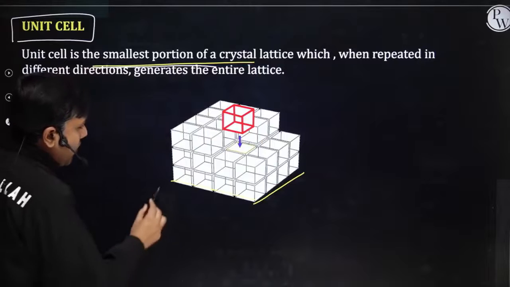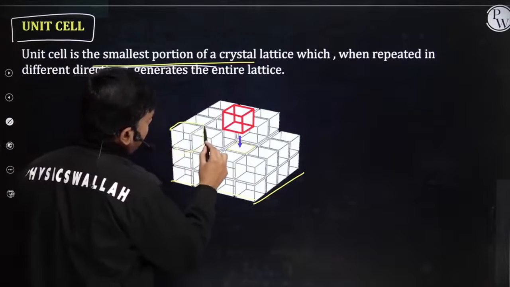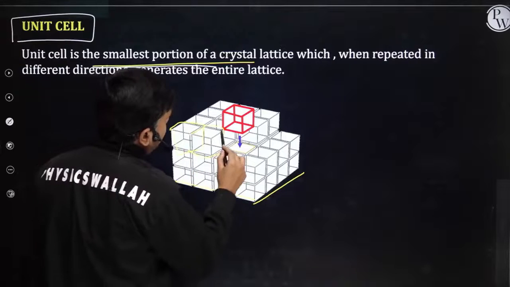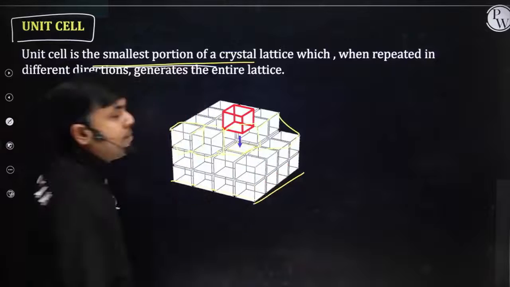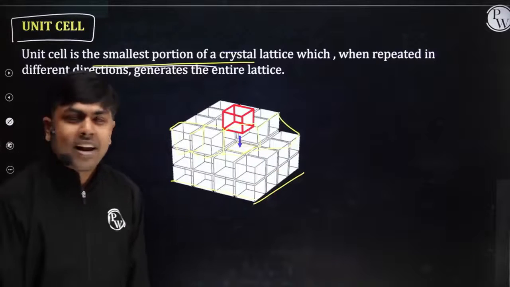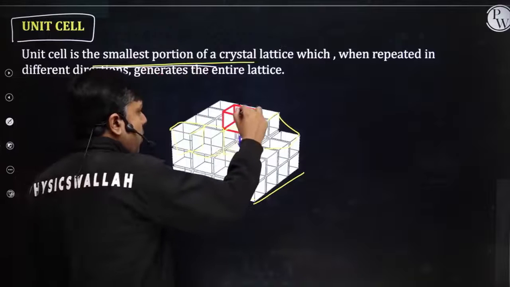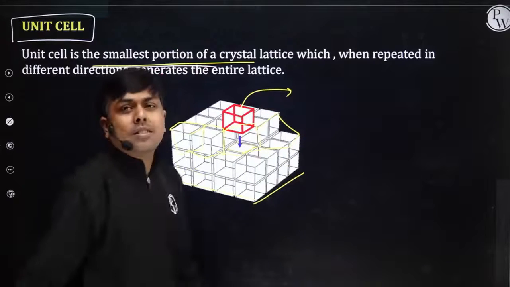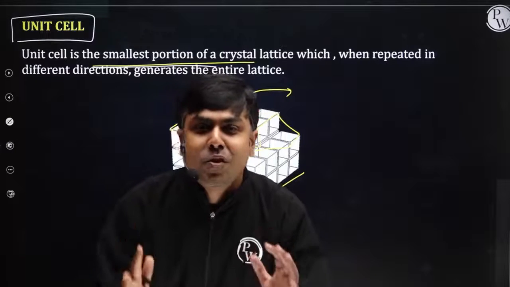Students, here you can easily visualize a large number of cubical blocks, right? These cubical blocks are arranged in three-dimensional space up to a very large distance. Now if I take one of these cubical blocks, it will be referred to as your unit cell.